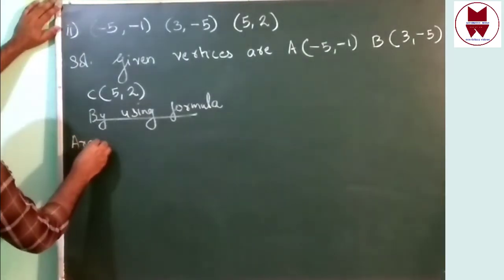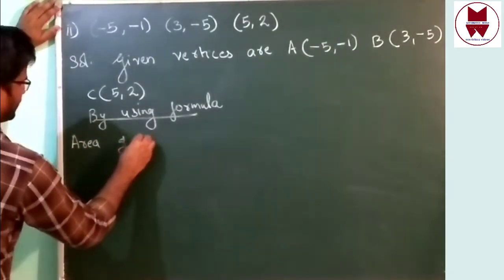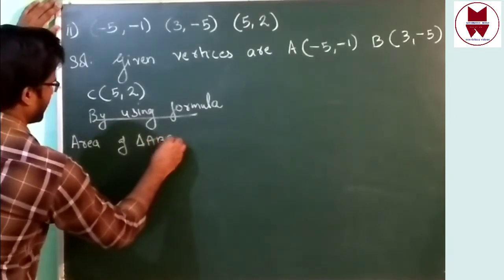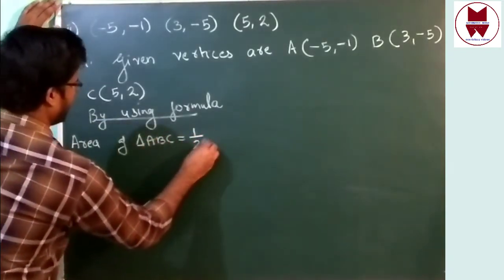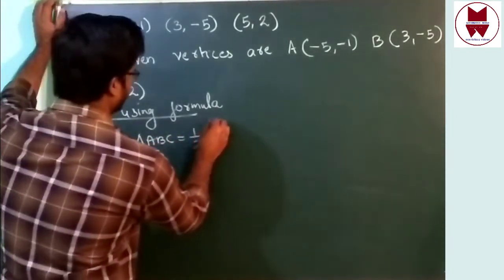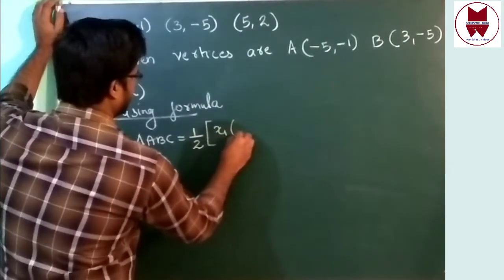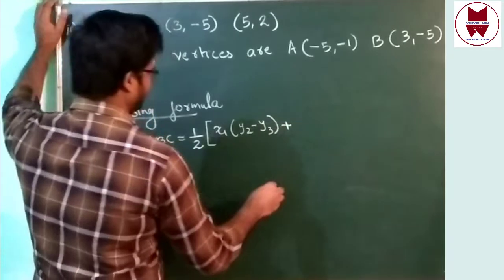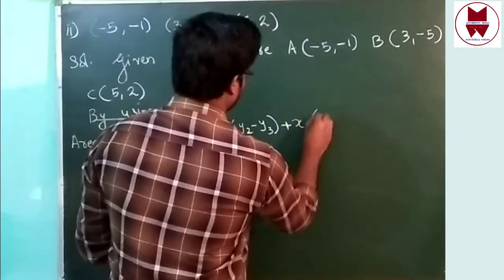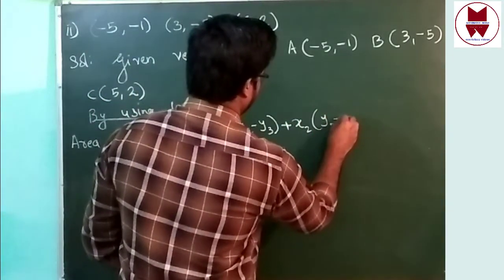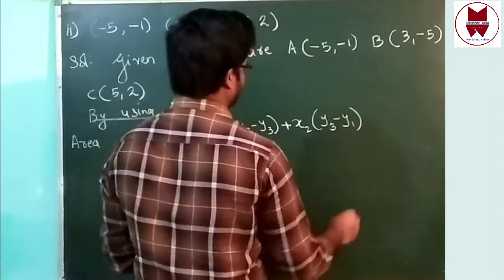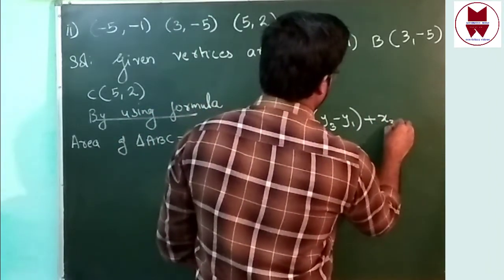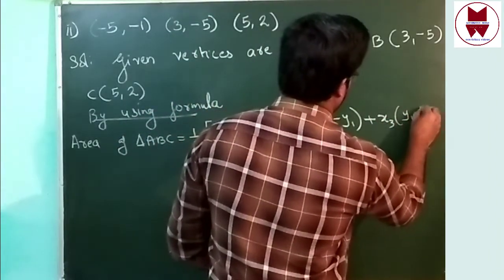area of triangle ABC equal to, what is the formula? 1 by 2 into x1 (y2 minus y3) plus x2 (y3 minus y1) plus x3 (y1 minus y2).